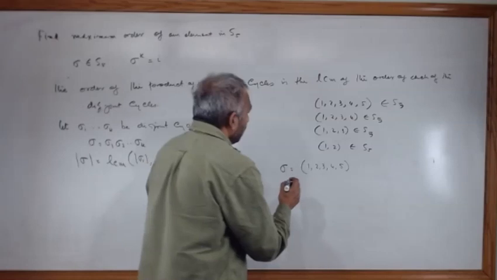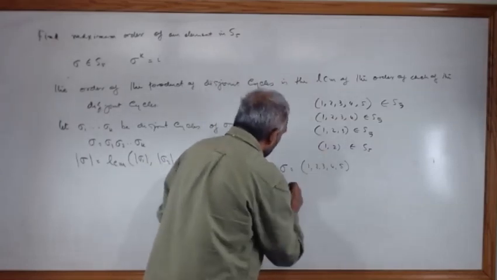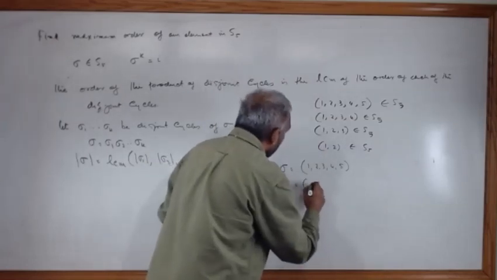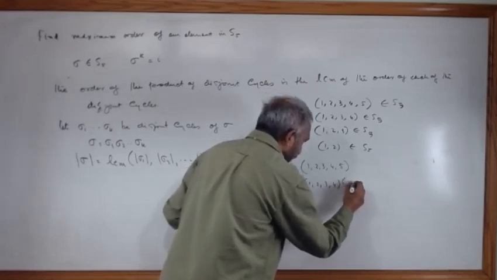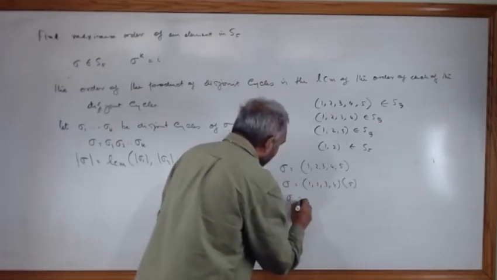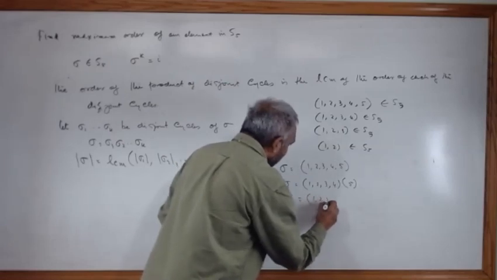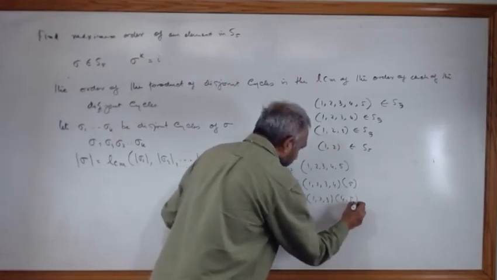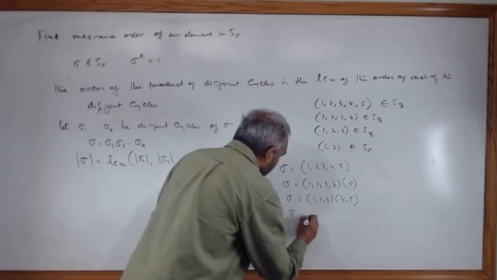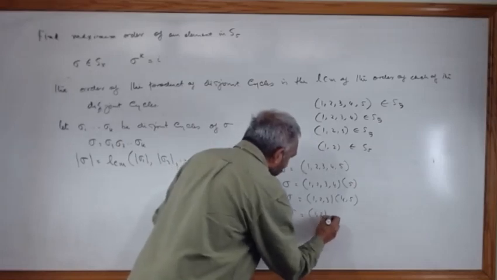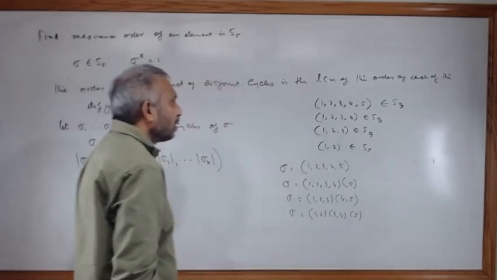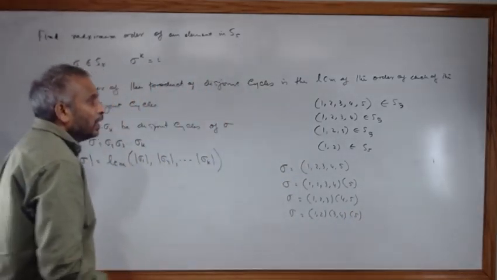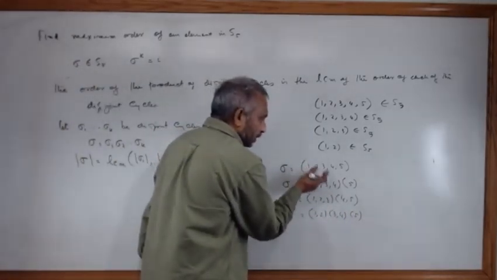Then we can also write it as a 4-cycle, or a 3-cycle times a 2-cycle, or two 2-cycles. These are the only possible ways of handling this, and because disjoint cycles commute, this is the only way.